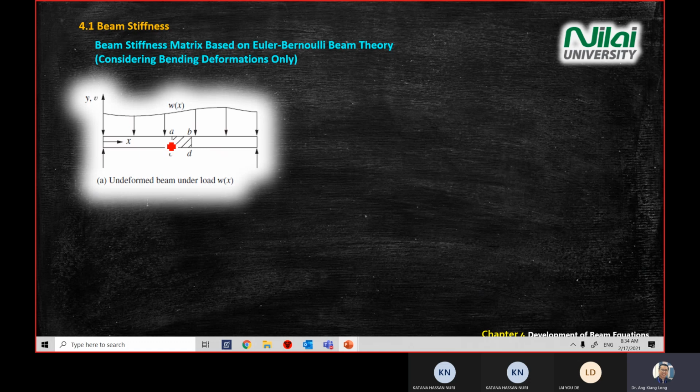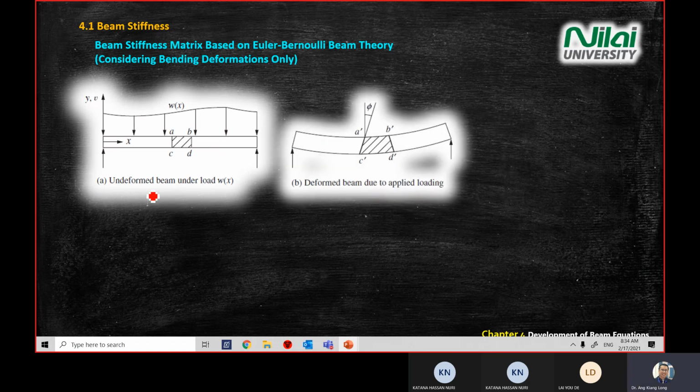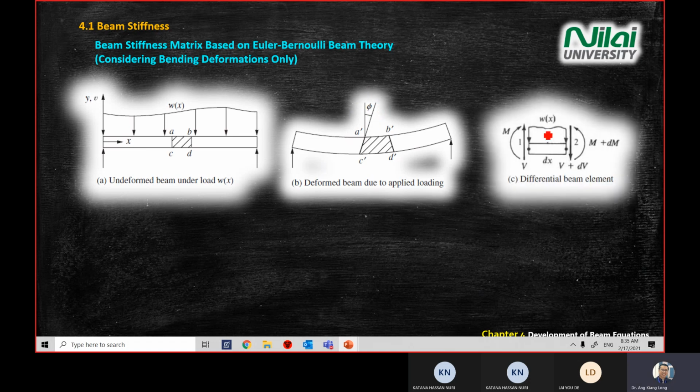And we look at element ABCD again. In this case, no deformation has happened yet in the first diagram on the screen here. Then we have a deformed scenario with this twisting angle. And then recall what we covered just now, the free body diagram for our beam element. Again, in this case, we only consider bending deformation.